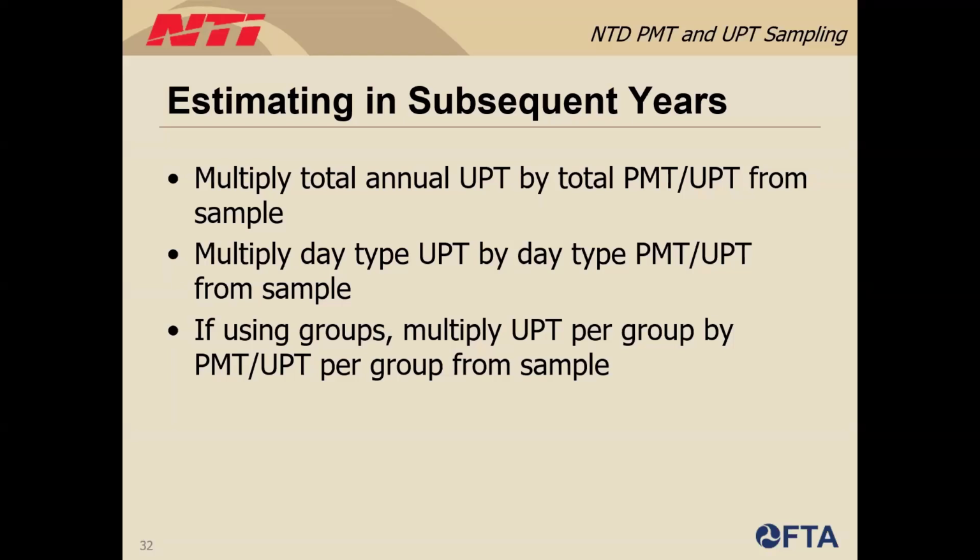Note that using this method means your total annual APTL for the non-sampling year will be slightly different from the APTL from the sampling year because the proportion of UPT from each group will be slightly different. This is okay, but a validation check might fire because of it. If you explain that you use route grouping, your analyst will accept that explanation unless the difference is too large to be explained by the shifts in UPT.